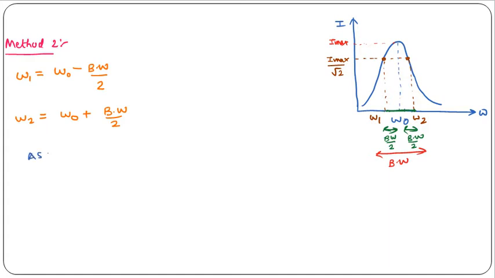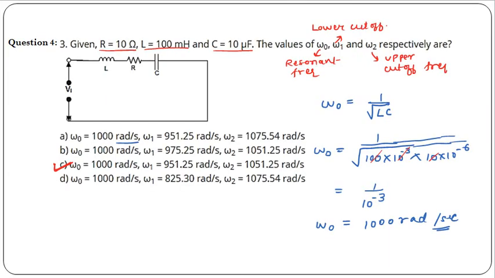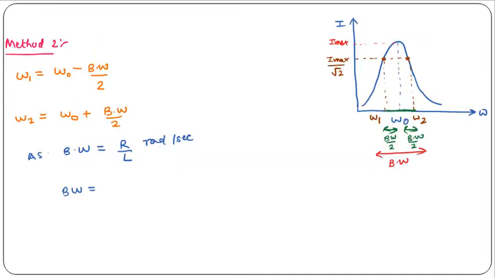As we know, for the series RLC circuit the bandwidth formula is given by R by L radian per second. So the bandwidth will be equal to, with resistance value 10 and L value 100 millihenry, 10 divided by 100 into 10 to the power minus 3. So this will be 100 radian per second.